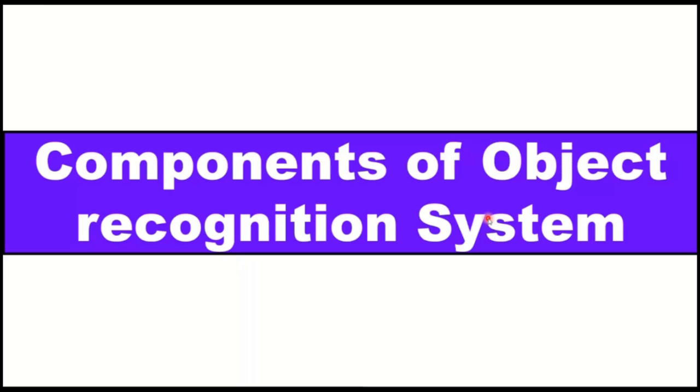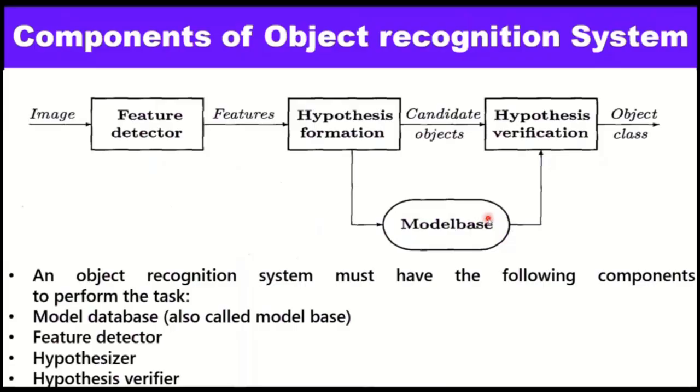Now let us discuss the components of an object recognition system. Up till now, what we have discussed is that a particular object which is to be recognized has its images, its properties, and its parameters already stored in a reference database. Whenever a new object comes, it will be matched to the reference images.